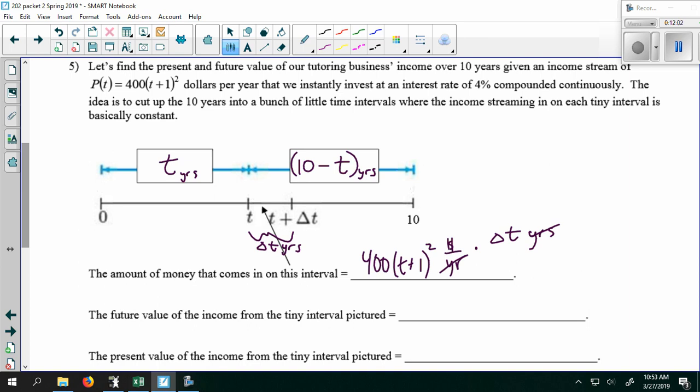And then the future value of that income, I'm going to project it into the future, investing it in an account that makes 4% interest compounded continuously for the remainder of the time that it's invested, right? So for 10 minus t years, we're going to invest that amount of money.